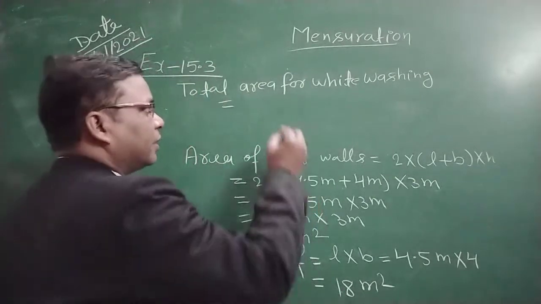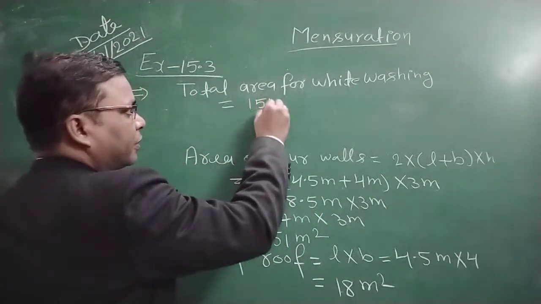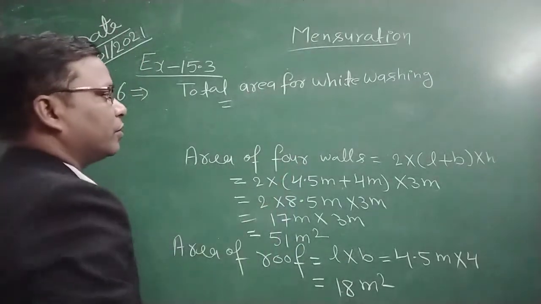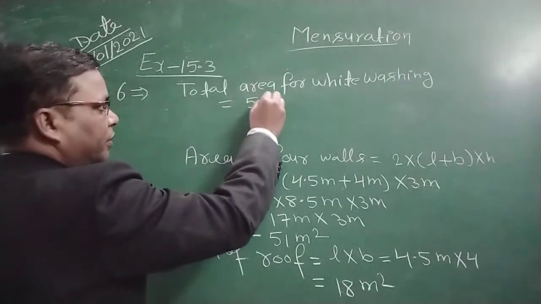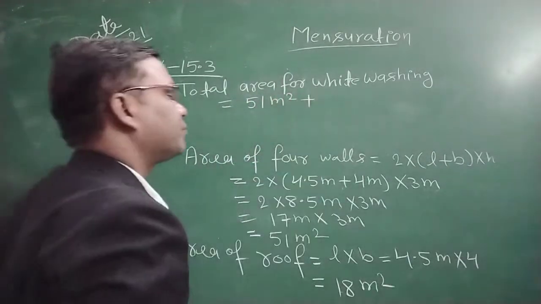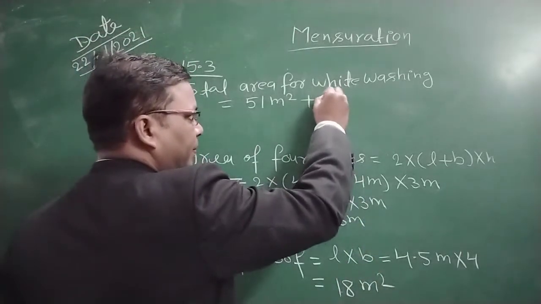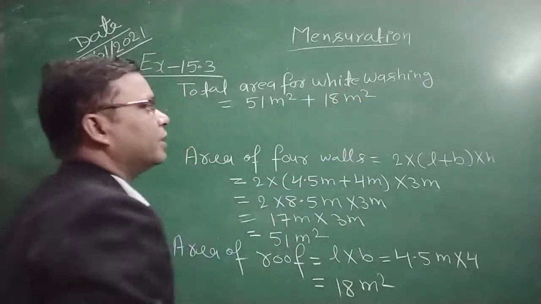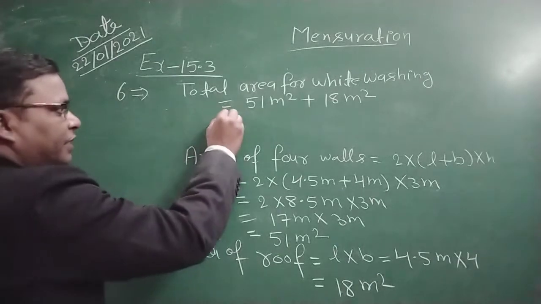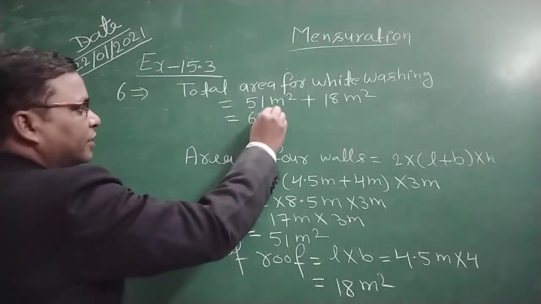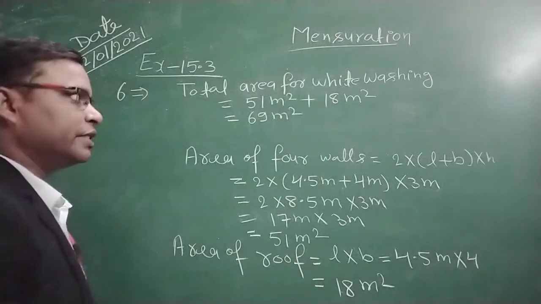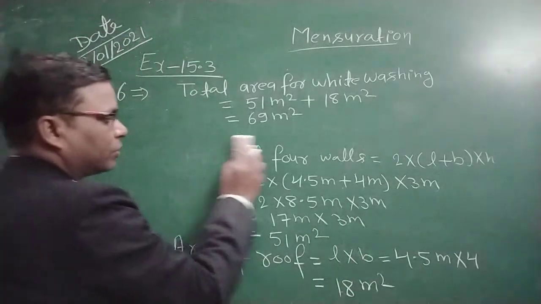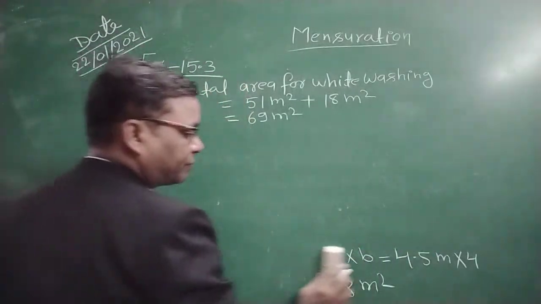Here we found the area of walls is 51 meter square, plus the area of roof is 18 meter square. If you add them, then you get 69 meter square. This is clear. Total area for whitewashing is 69 meter square.